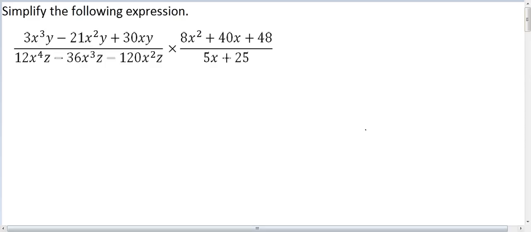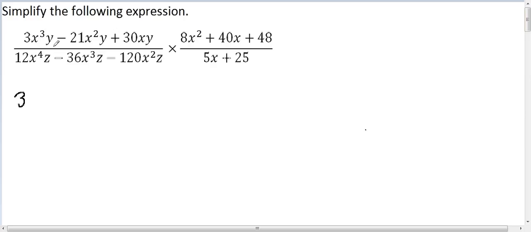Let's go ahead and start by factoring out what we can in both of these rational expressions. First, we're going to start out with the numerator of the left fraction. If we look at 3x cubed y minus 21x squared y and 30xy, the coefficients have a factor of 3 in common, so we can factor that out.